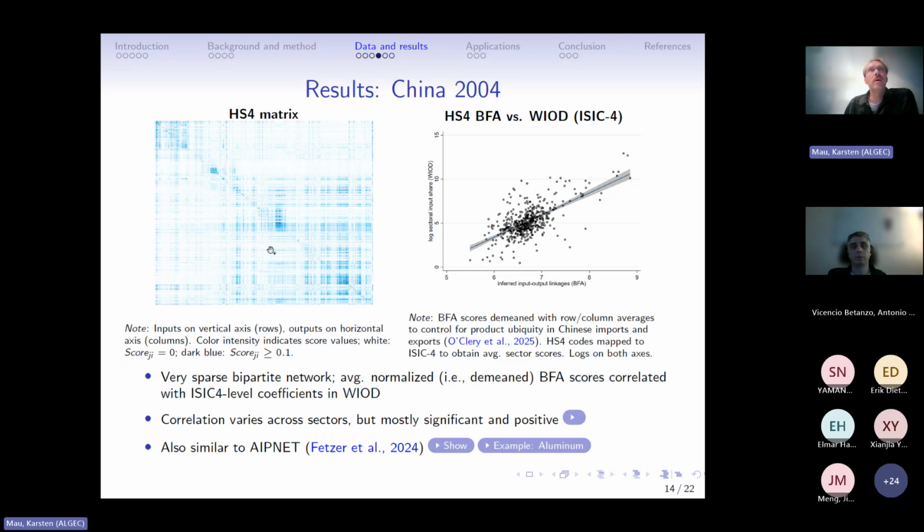So we take the averages of each row and column to see whether the score is clearly above that, and then we consider those strong linkages. And if we use those and try to predict the linkages that Fetzer et al. have found in the AIPNet, we find some positive correlation, but it's not perfect.